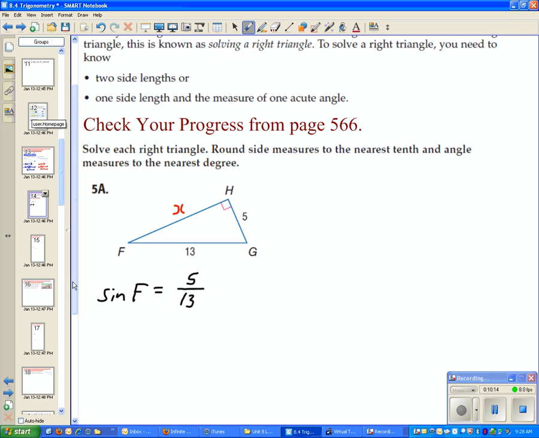You gotta choose the one that you have the information for. Okay? All right, so if I've got that, that means the inverse sine of 5/13 equals F.